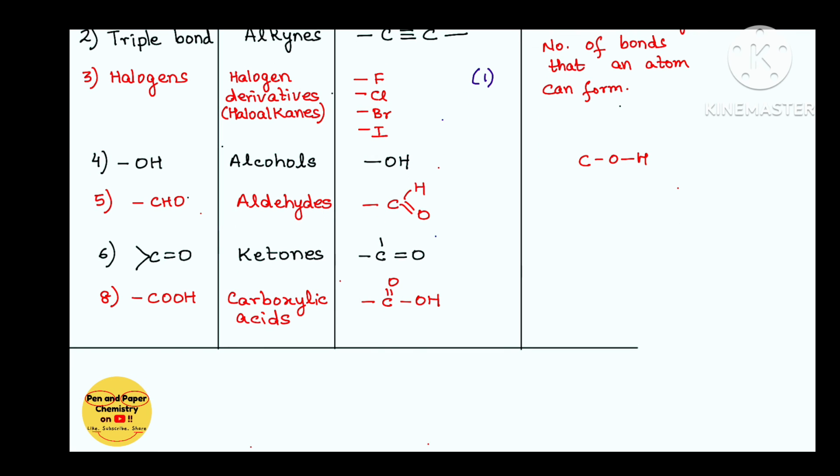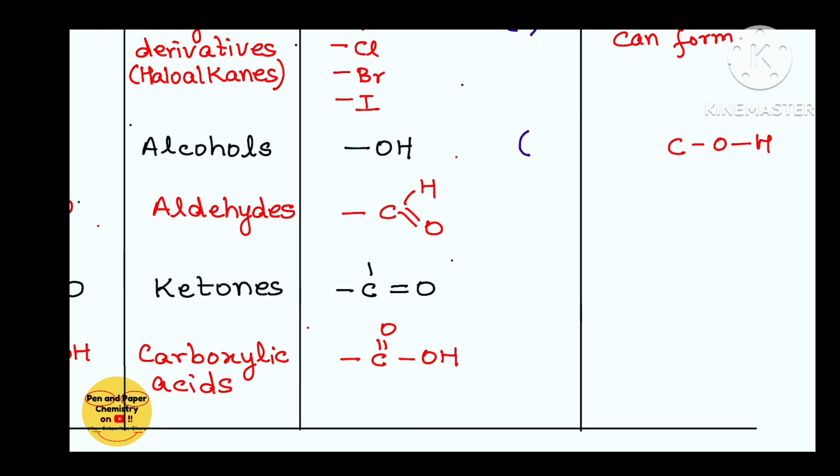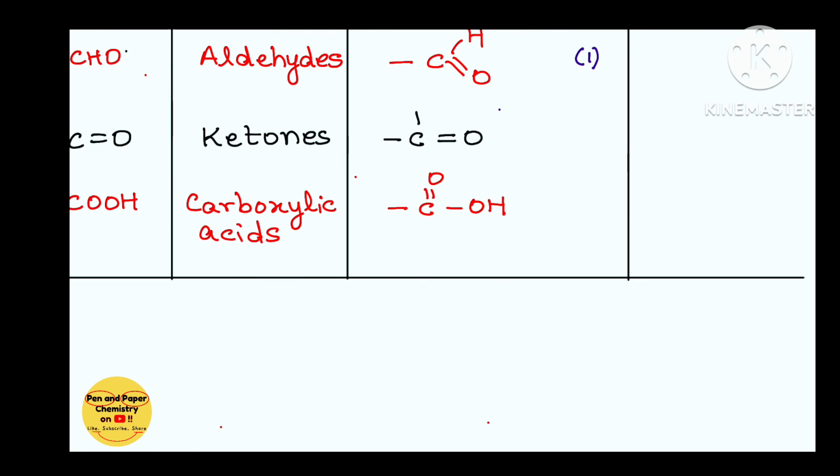In the case of alcohols, look at the number of dashes that you see over here: 1, single. How many free valencies in the case of ketones? Look carefully. Yes, there are 2 free valencies. How many free valencies in the case of carboxylic acid? 1. Absolutely right.